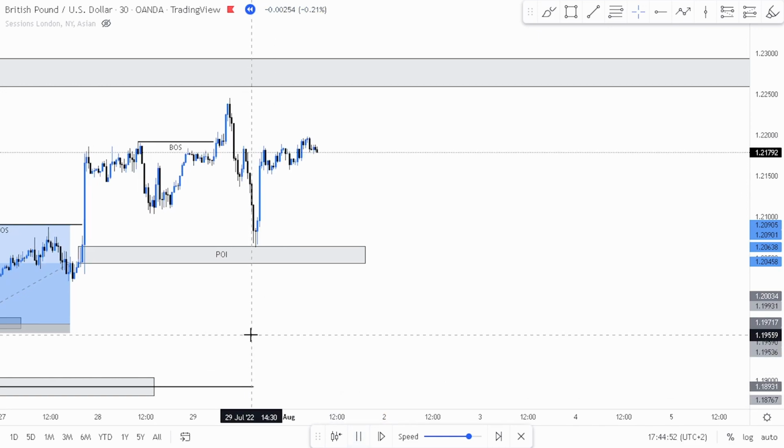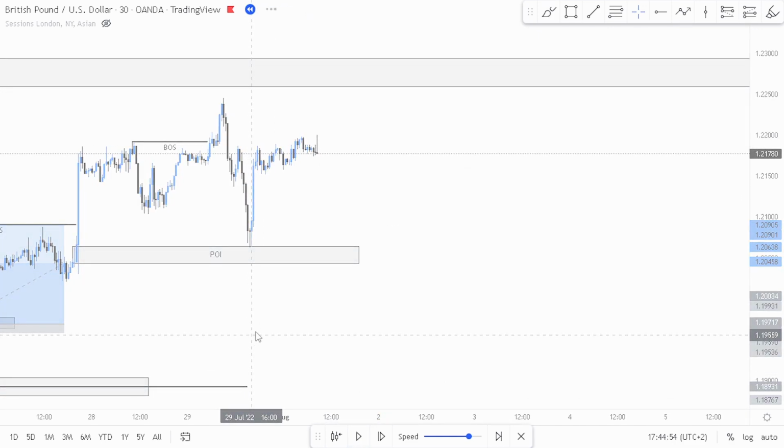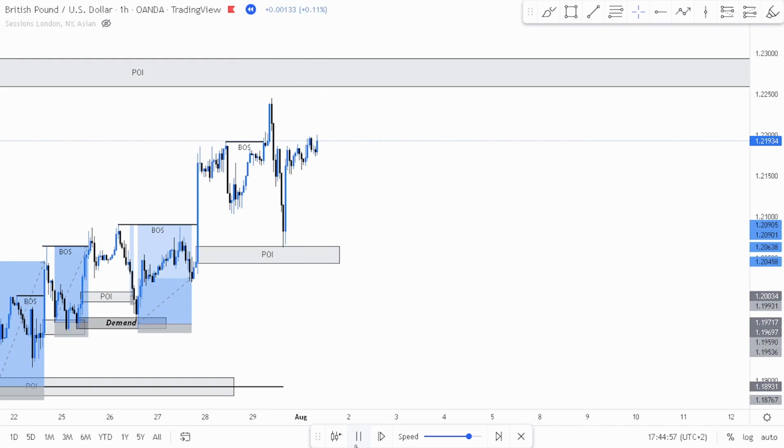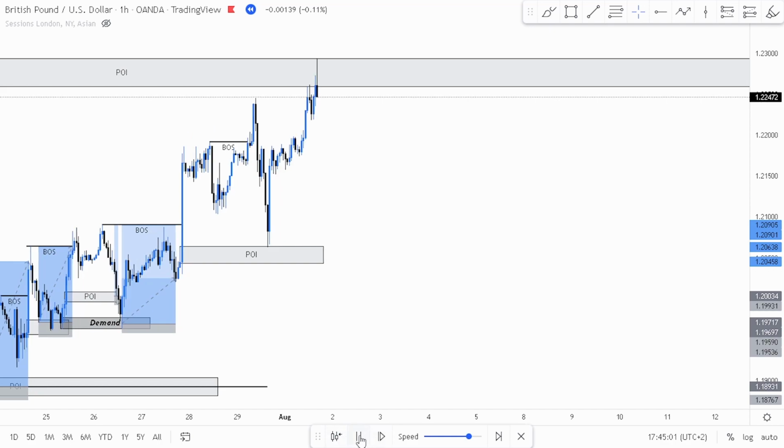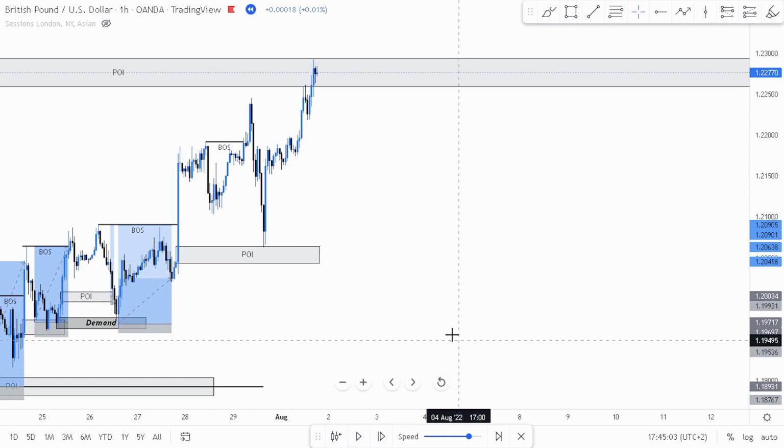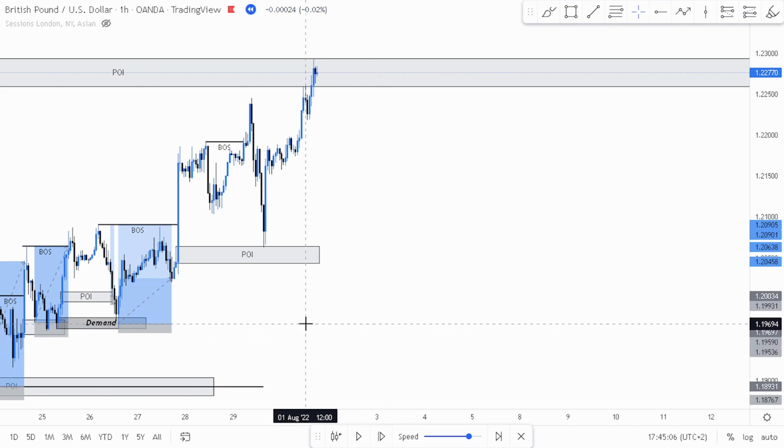Now let us see what price is doing. So guys, look at that. We are in our POI.